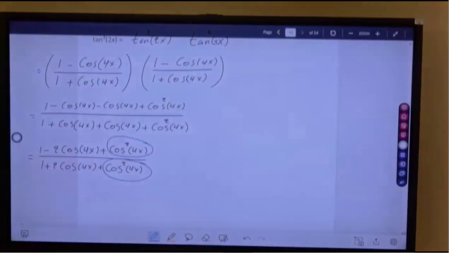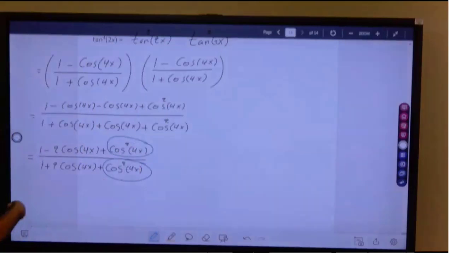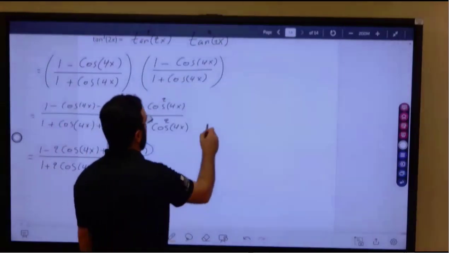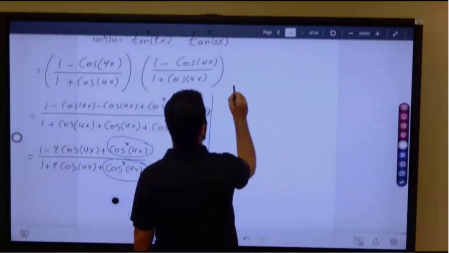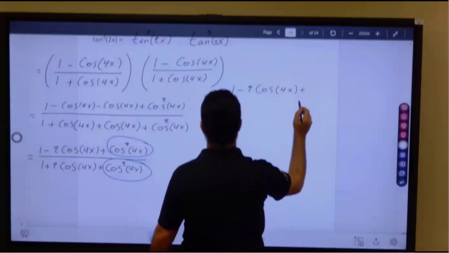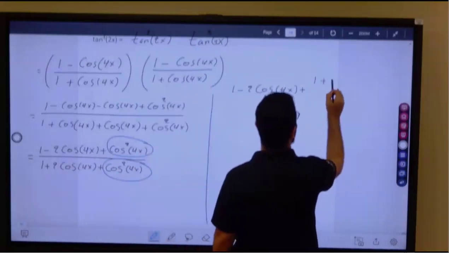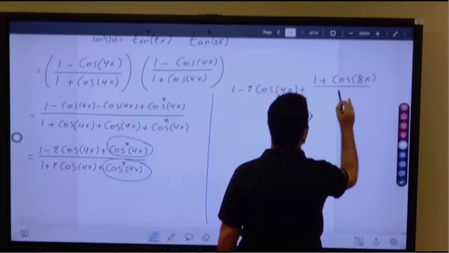So I use the power formula on this part, the formula for the square: cosine squared of u is 1 plus cosine 2u over 2, that means 2 times 4x, so it's going to be 8x. So here it is going to be 1 minus 2 cosine 4x plus, using the power formula, 1 plus cosine 8x, divided by 2.